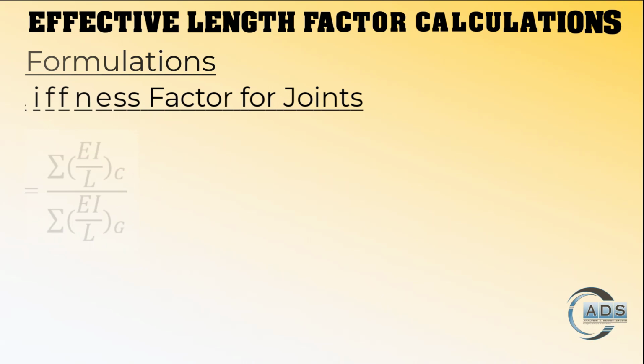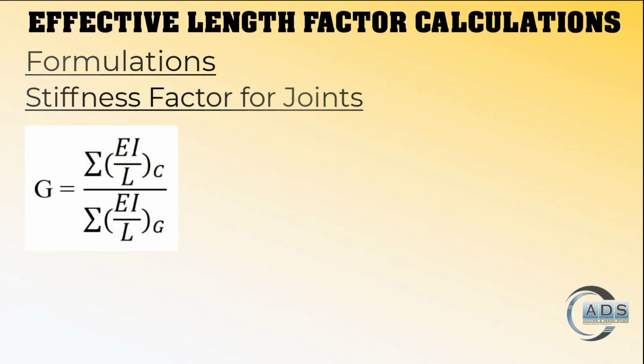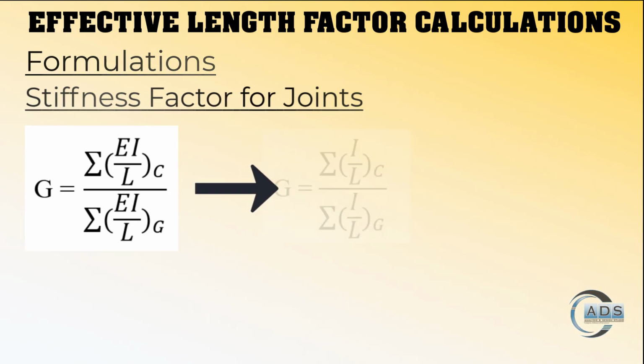It is denoted by capital G. It is the ratio of the flexural rigidity of all the columns to the flexural rigidity of all the girders or beams connected at that joint. Since the modulus of elasticity E of the columns and beams is the same as steel material is used, the factor becomes this.